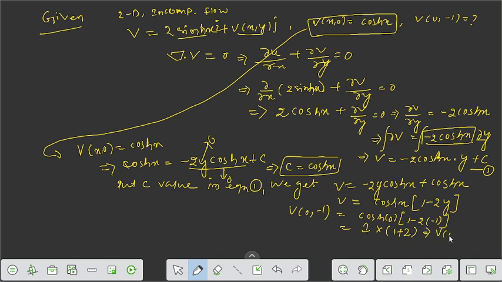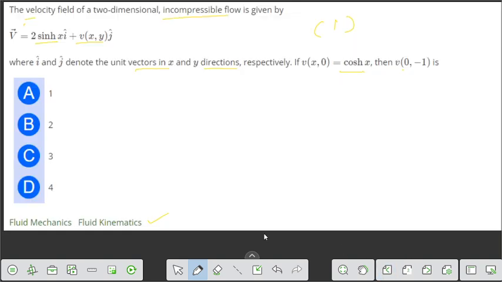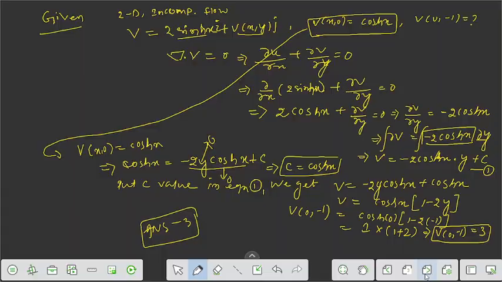That means v at (0, -1) is equal to 3. So the answer will be 3, so option C will be the correct answer. Next question we have to discuss.